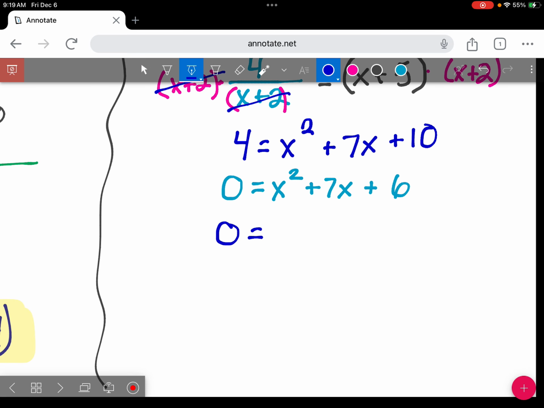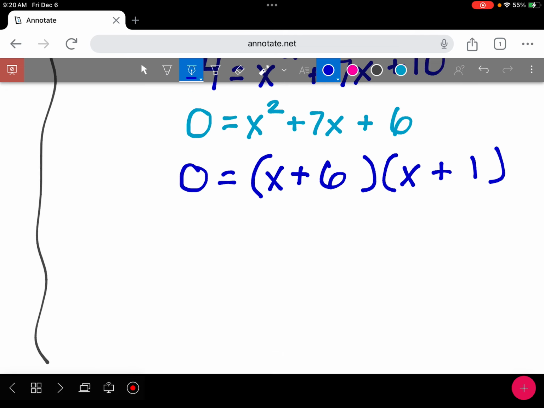Factor it. What does this factor down to? Gorgeous. X plus 6, x plus 1. So our solutions, our x's, are -6 and -1.